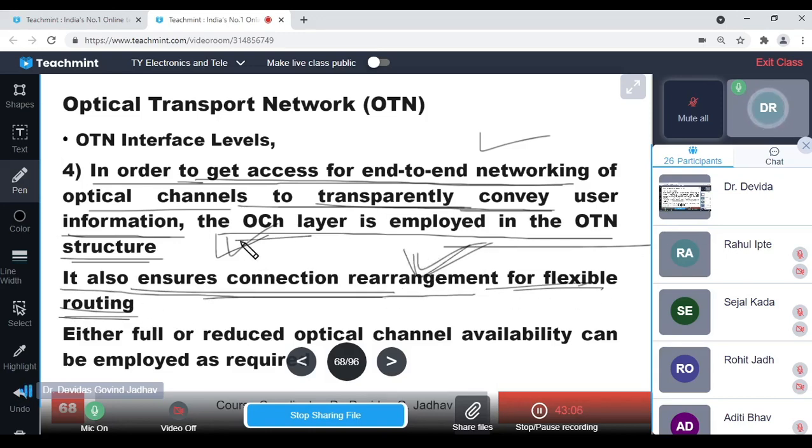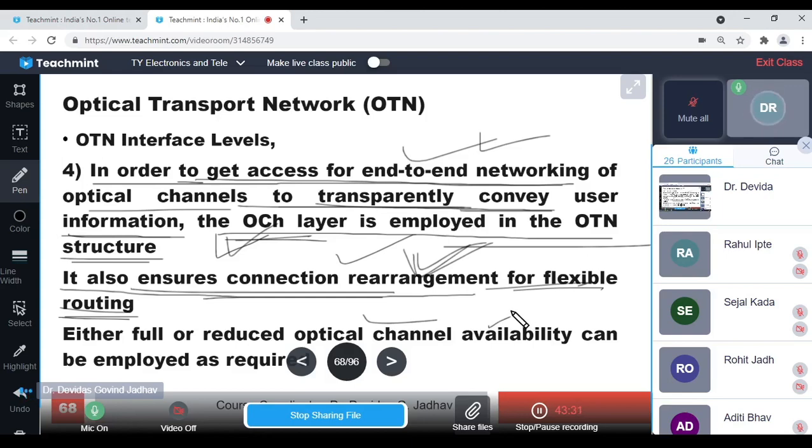So OCH is ensuring the flexible rearrangement, that means routing. It is doing end-to-end networking, routing, rerouting, establishing connectivity, re-establishing new connectivity. Either full or reduced optical channel availability can be employed as required.